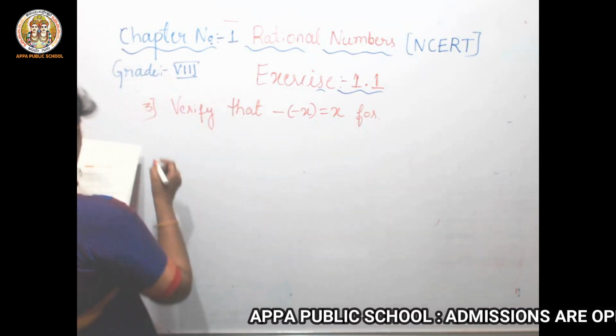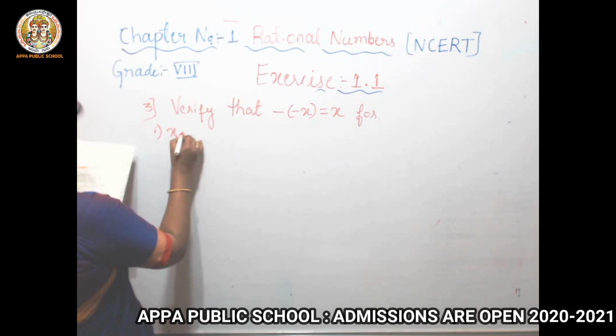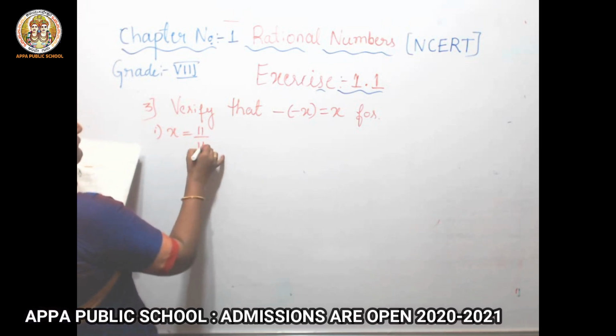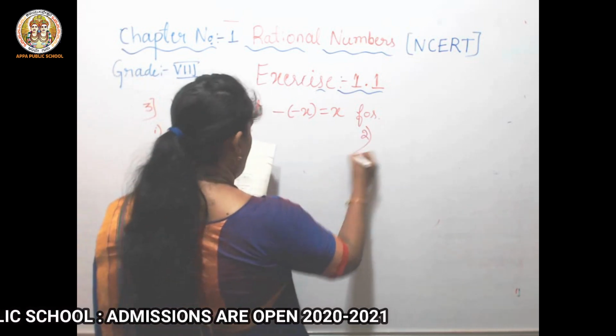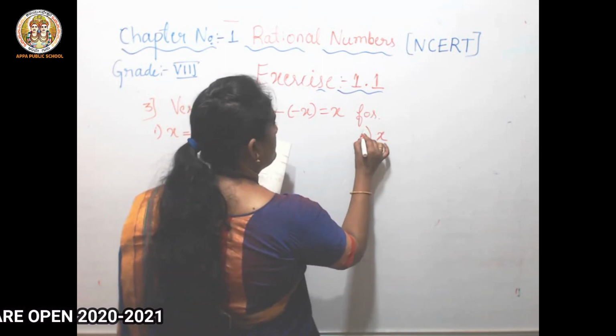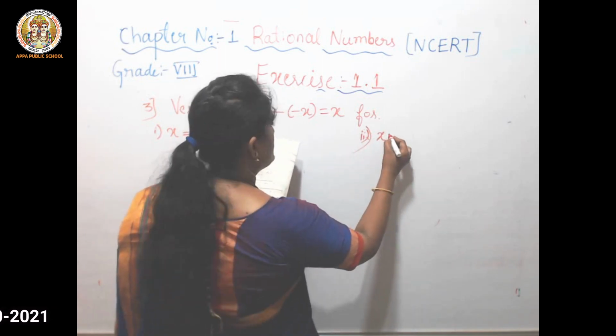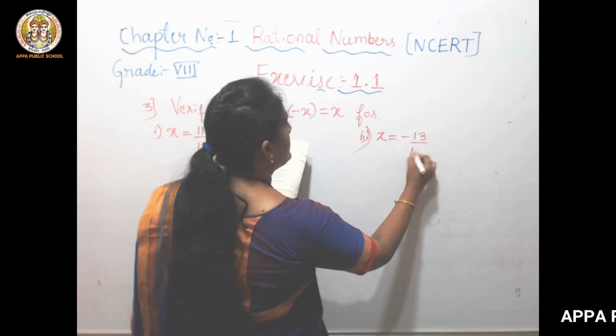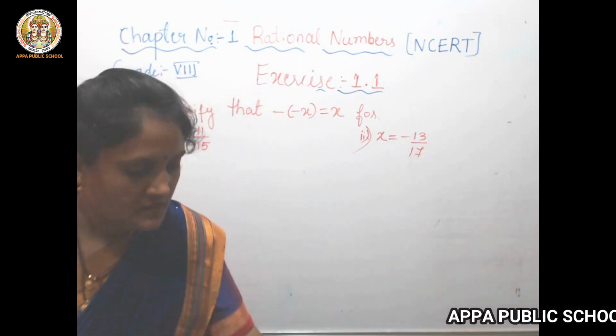For the first question, x is equal to 11 by 15. For the second question, x is equal to minus 13 by 7. Okay.